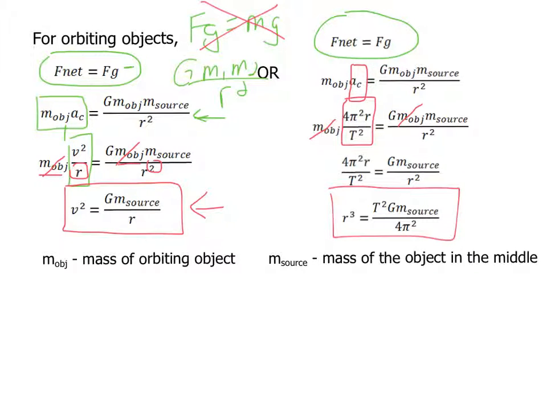If you need to find velocity, you need to replace a_c with v squared over r. However, if you're looking for a period, or you have a period in your problem, then you can replace your a_c with 4 pi squared r divided by T squared. And then you can go on and simplify your equations to find the variables that you're looking for.